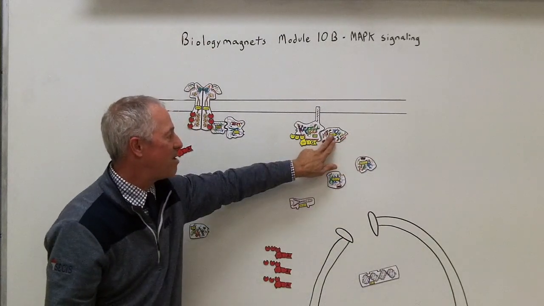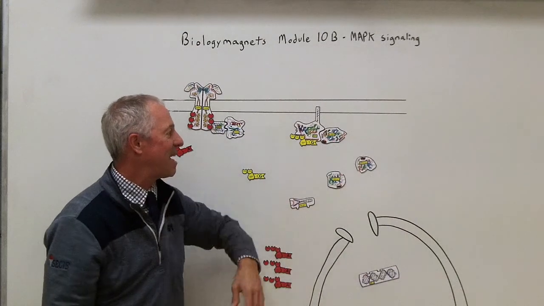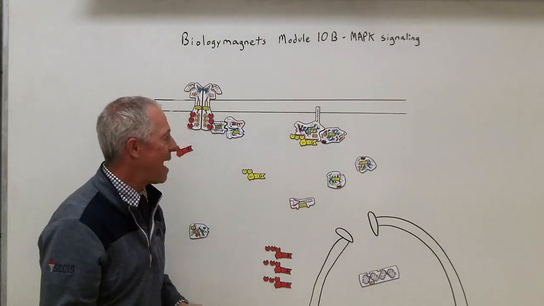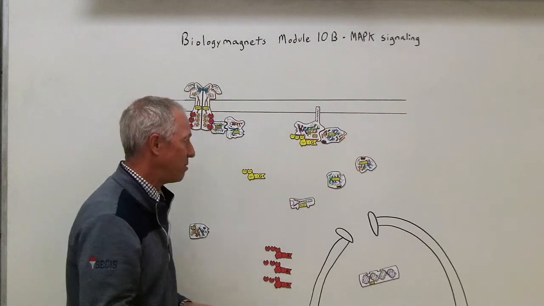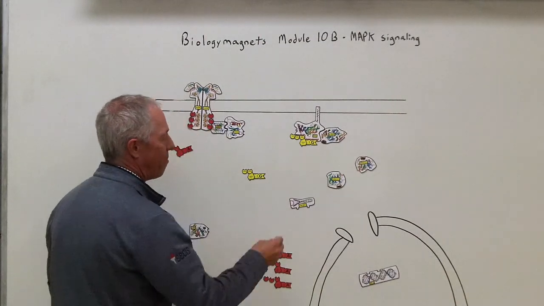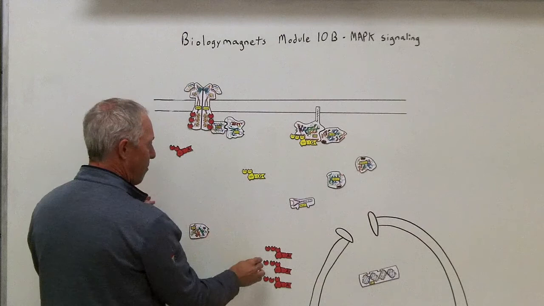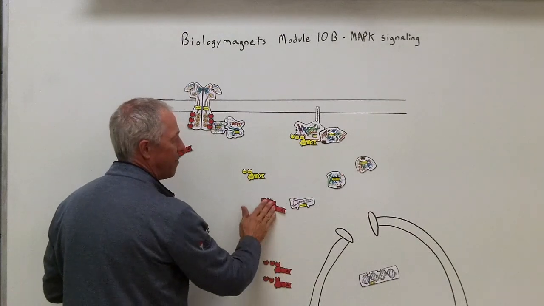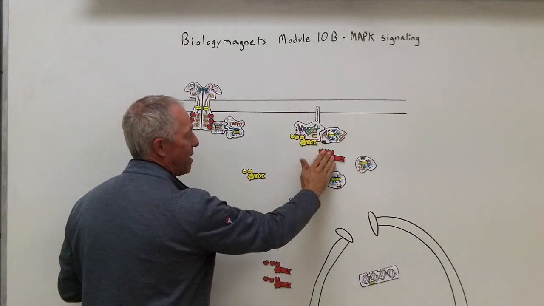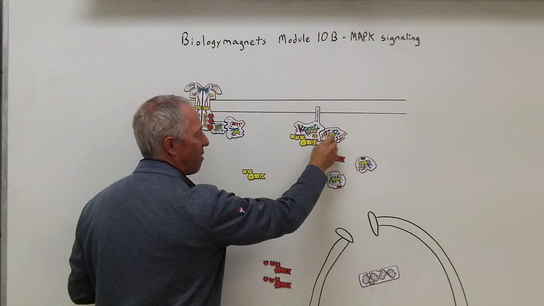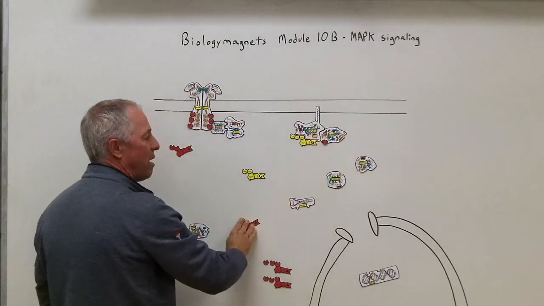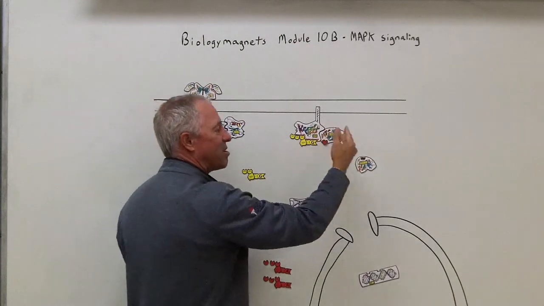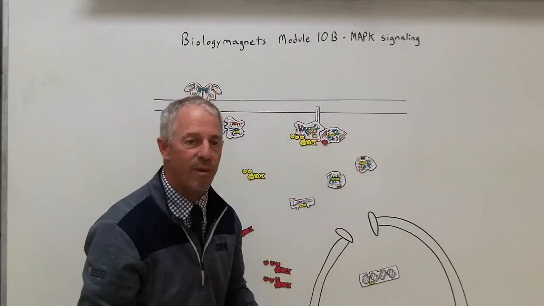Now this is a protein that is a kinase that can phosphorylate other molecules. So the BRAF becomes phosphorylated by ATP, which drops a phosphate off and phosphorylates the BRAF. And then the BRAF will in turn phosphorylate other molecules.